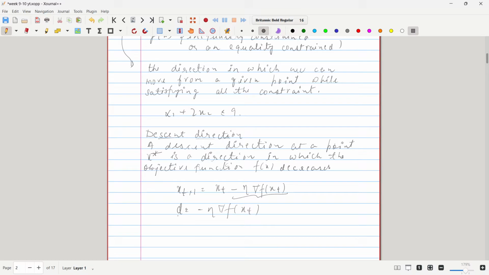So as you can see, if you increase the value of d, the value of the right hand side will decrease. So you have to move in such a direction in which the objective function f(x) decreases. This is known as descent direction. Okay, I hope it is clear.